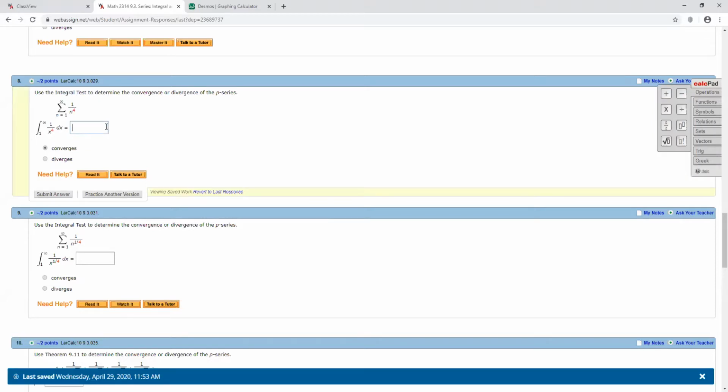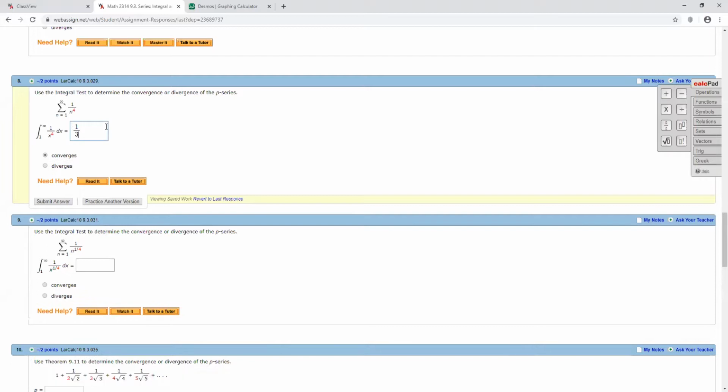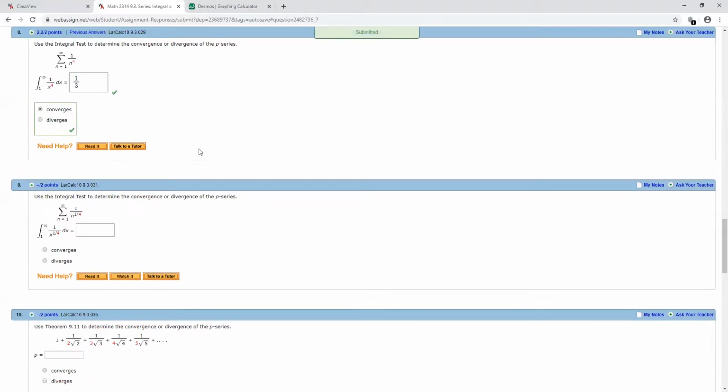To 1/3. 1/3, and then we could check. And because the improper integral converges, then so does this series, and so that would be it.